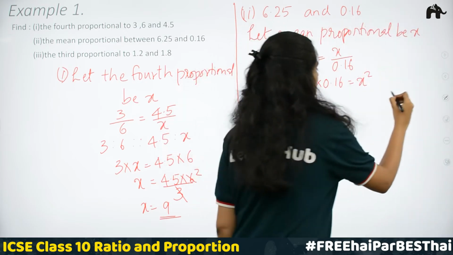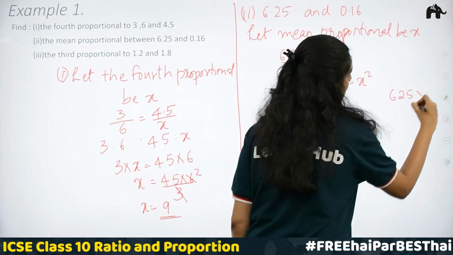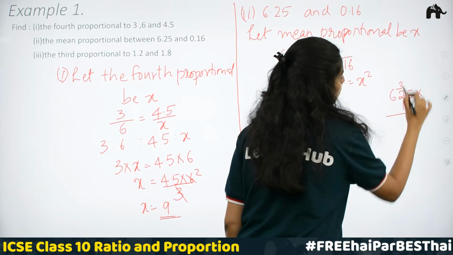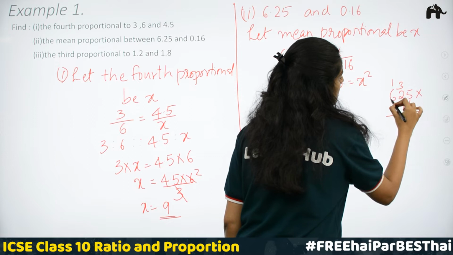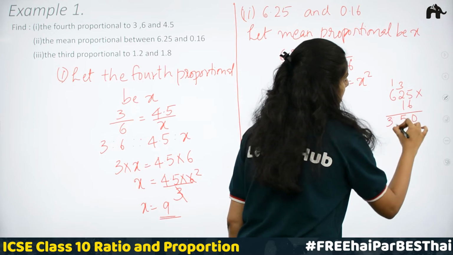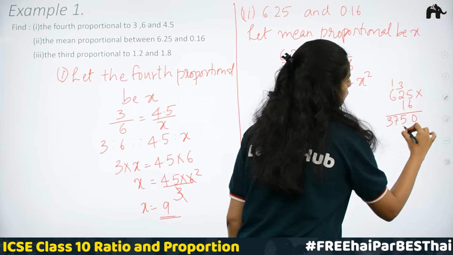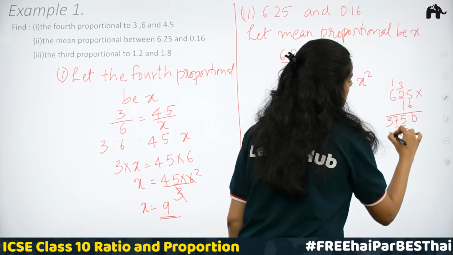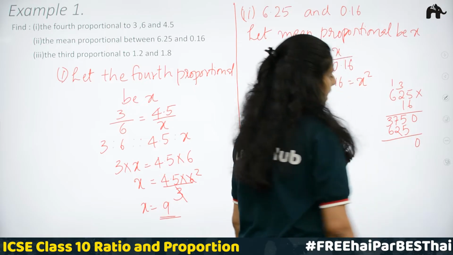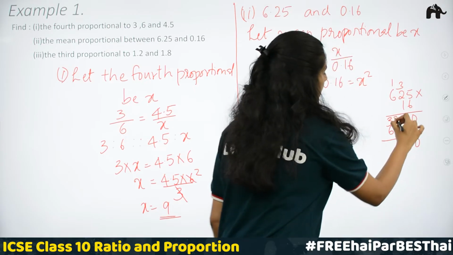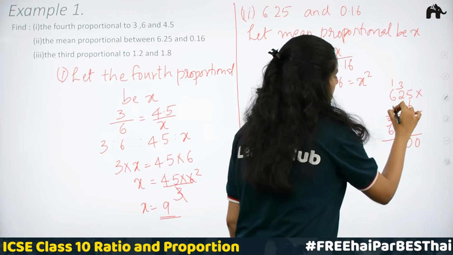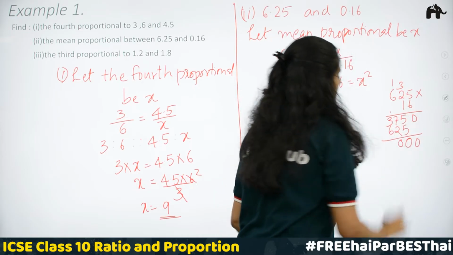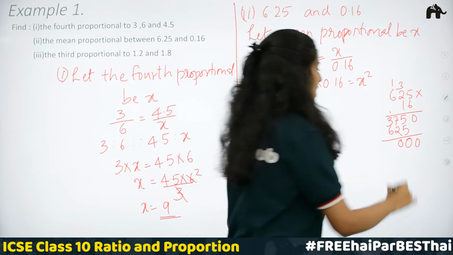What is 6.25 into 0.16? 625 into 16. 6 into 5, 30. 6 twos are 12, 15. 6 into 6, 36, 37. 1 into 5, 5. 2 into 1, 2. 6 into 1, 6. 0. 5 plus 5, 10. 7 plus 1, 8, plus 2, 10. 3 plus 6, 9, plus 1, 10.